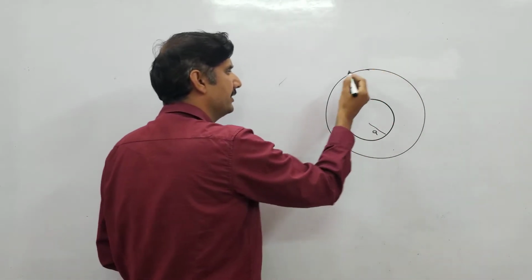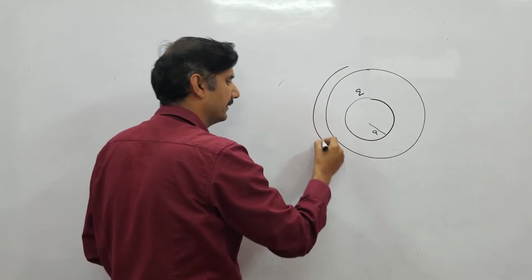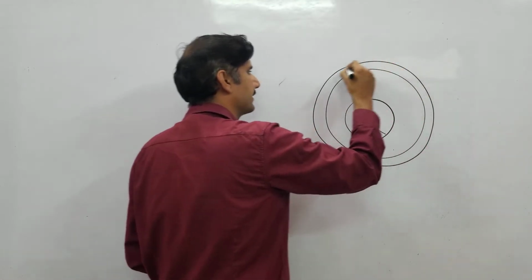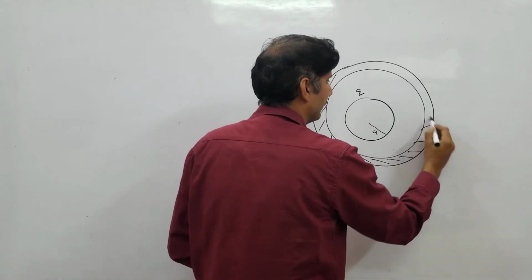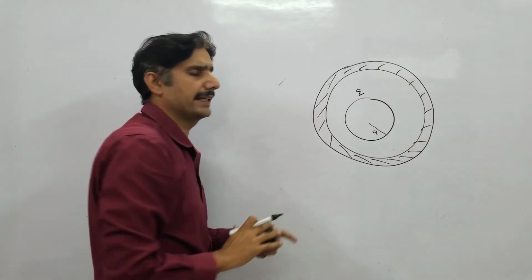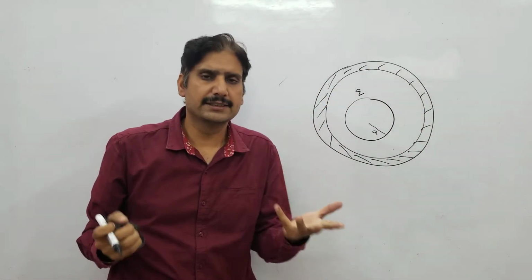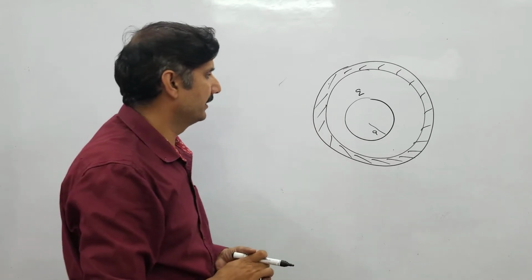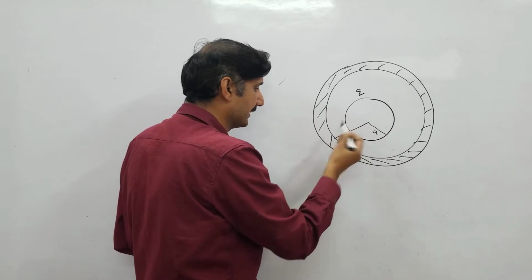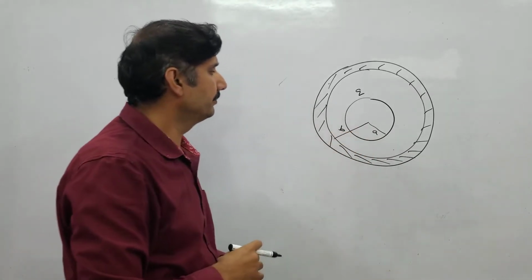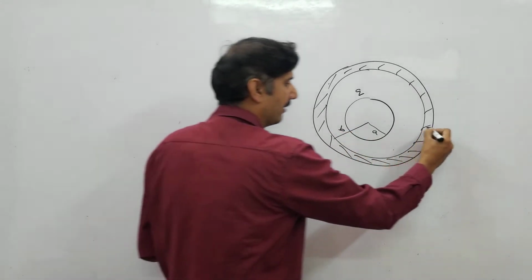It is also a thin shell, but I am showing a small thickness for it. You will come to know why I have done it. Even if it is thin, it has some finite thickness. Let's say its average radius is B, and it has been grounded.